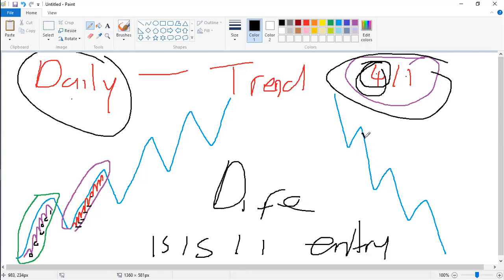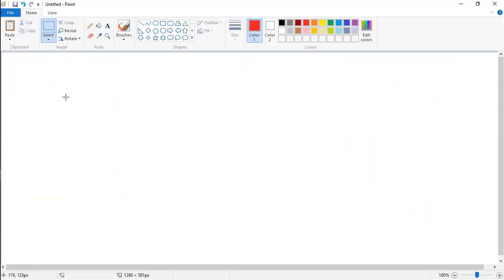Here, you would see lower low, lower high, lower low, lower high, like this. The 4 hour will be like this. So you're going to be selling here, selling here. That's where you sell. Right. So I think that answers the question for the time frames. Daily for the trend, 1 hour, 4 hour for the higher lows or for the lower highs, where you buy. That's for the time frame. So I hope that question was answered.